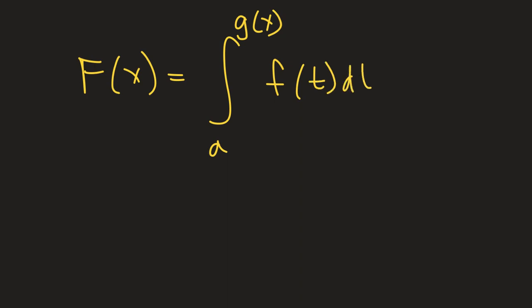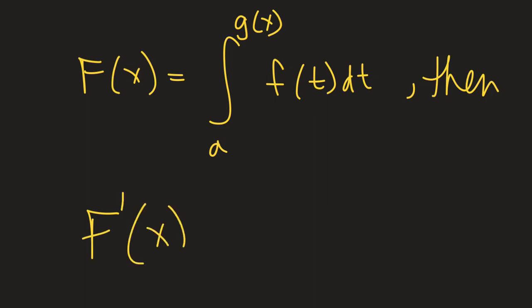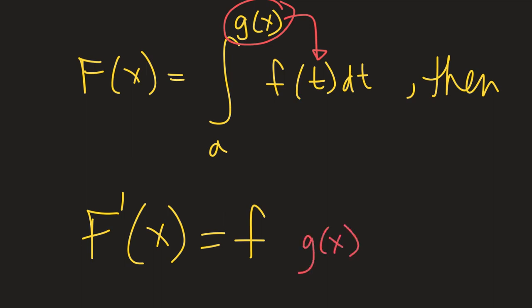If f is the integral from a to some function, usually x or x squared or something, of an antiderivative, then we can find f prime simply by replacing the variable in your function with that upper limit of integration, times the derivative of that upper limit.